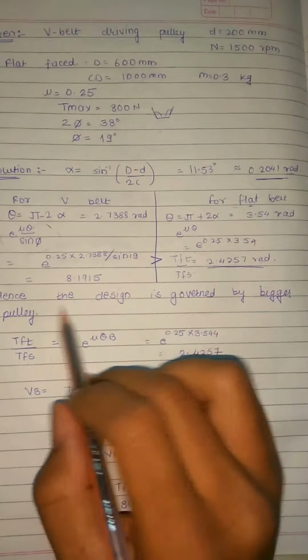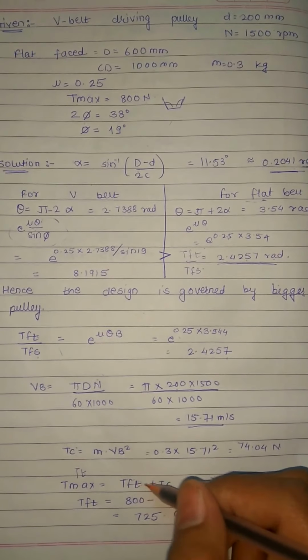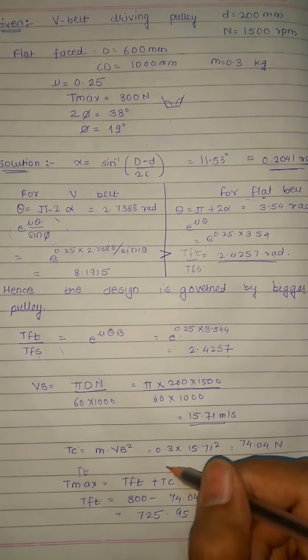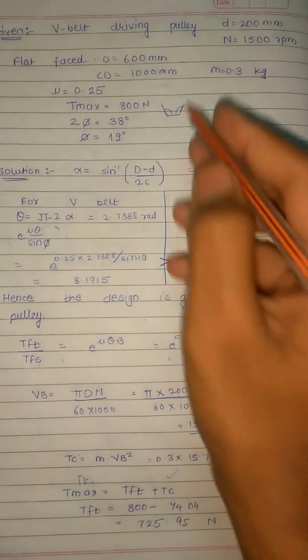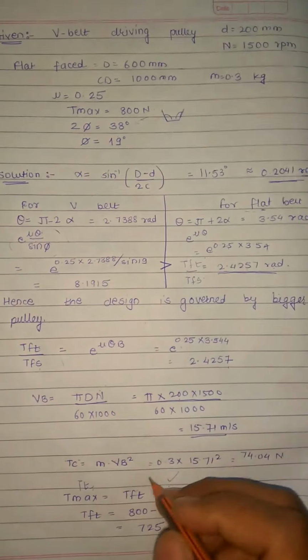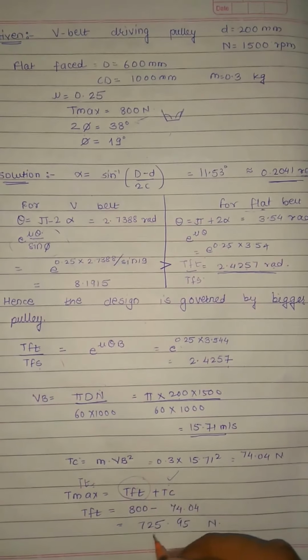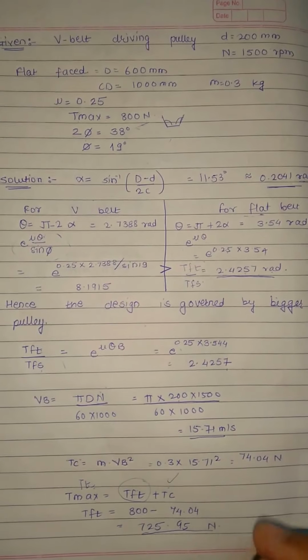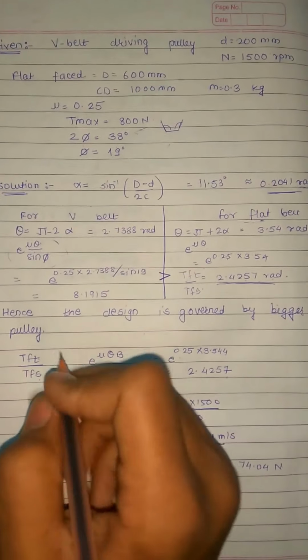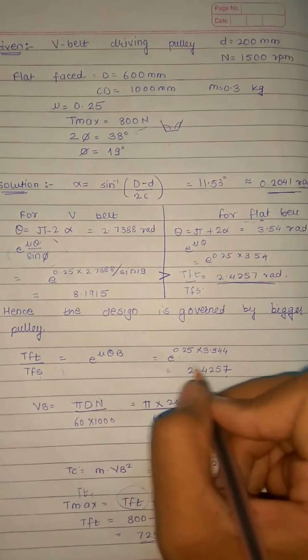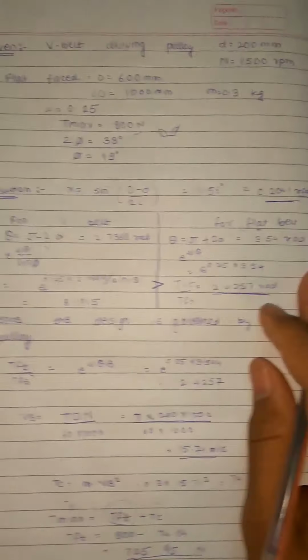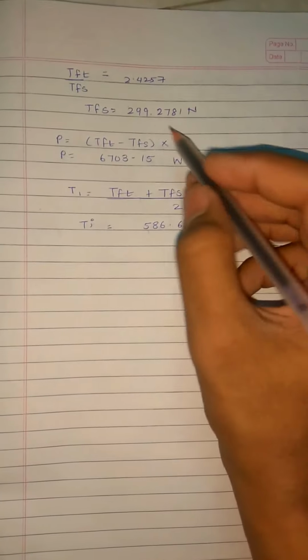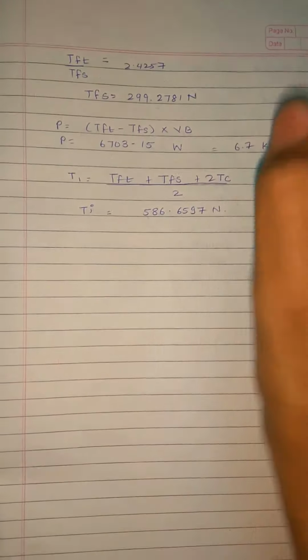We used to denote it as TT, total tension, that is maximum tension. It has TFT plus TC. Now we have TC and we have T max, that is 800 Newton. Therefore we can easily find out TFT, which will be 725.95. Putting this in the equation, we can find out TFS, which is 299.2781 Newton.